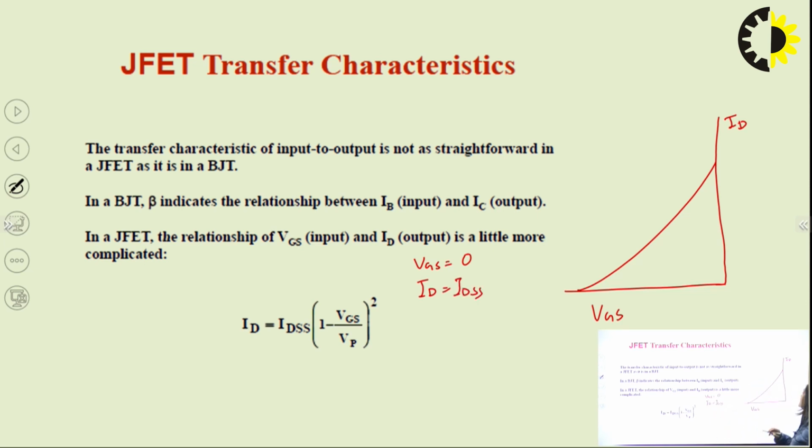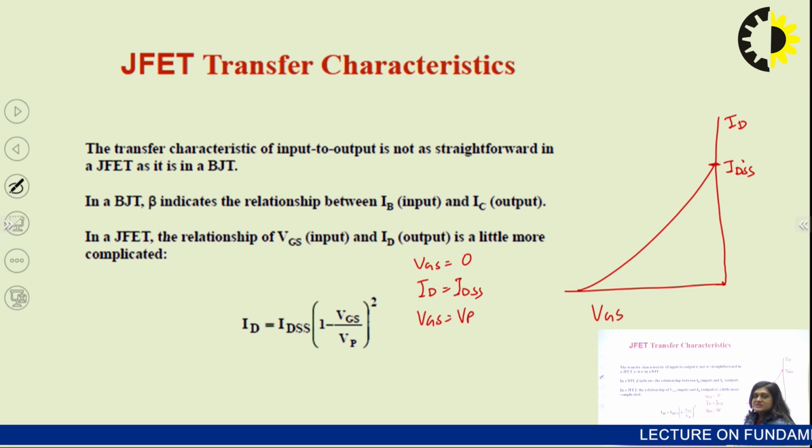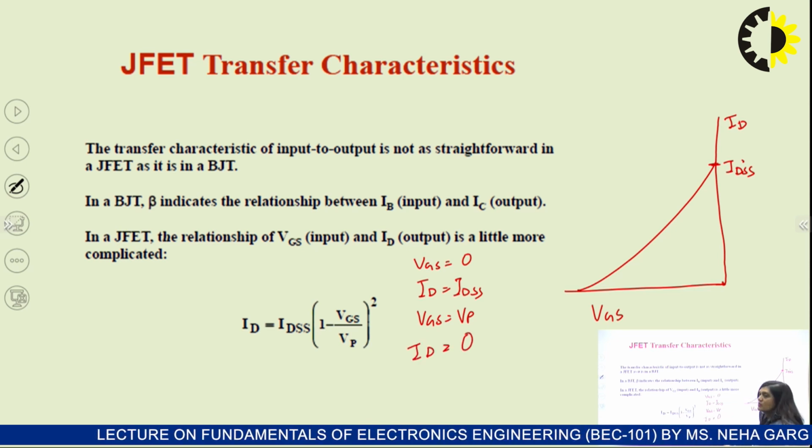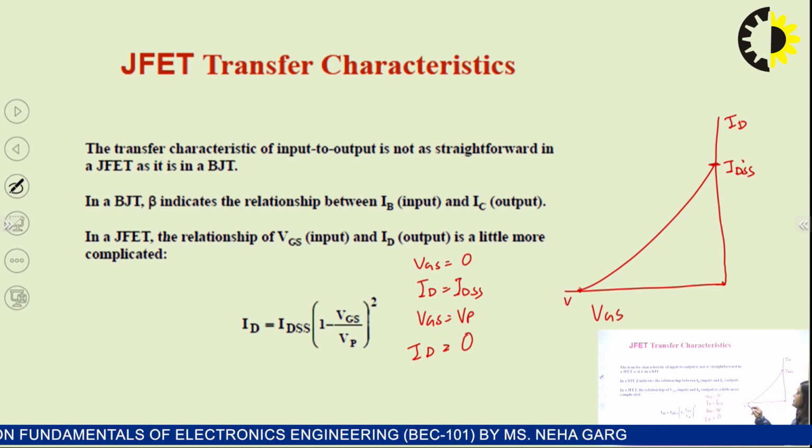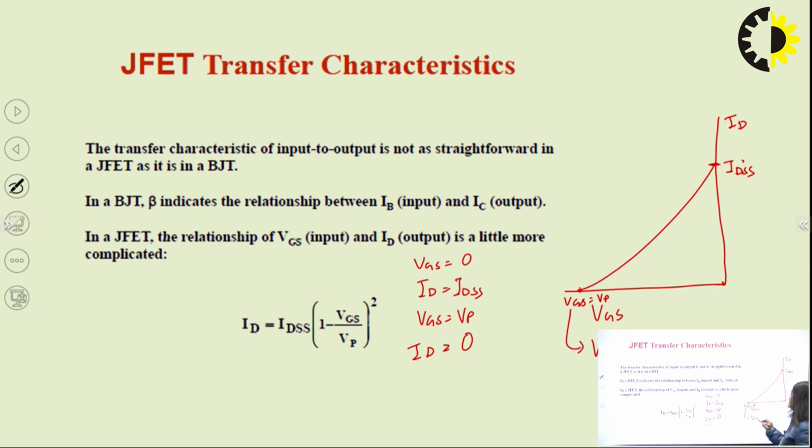And if we put VGS equal to VP, then ID is equal to 0. So this potential is VGS equal to VP, and at this point ID is equal to 0, and in that case this VGS is called VGS off.